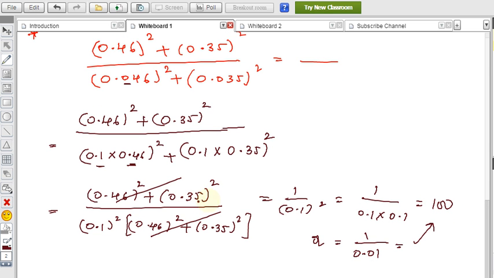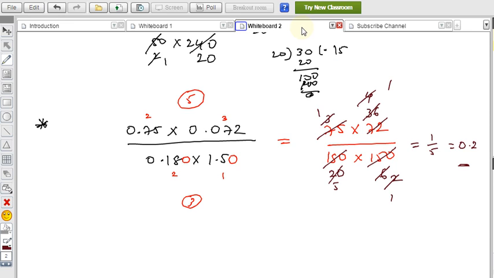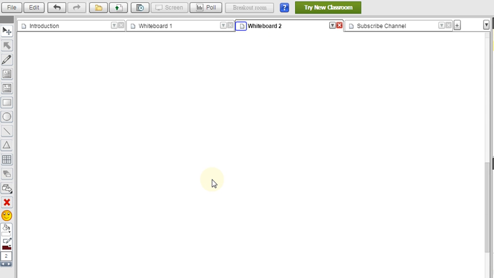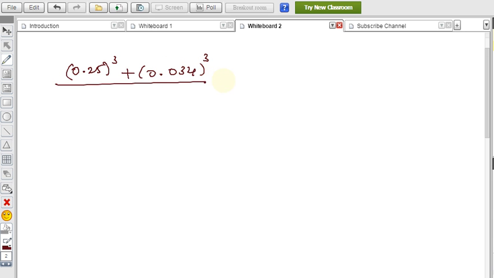For such types of questions, we can directly take the extra digits, and apply that much. I'll show you one more similar question. Same as the previous, let me write here: 0.25 whole cube plus 0.034 whole cube, by 0.025 whole cube plus 0.0034 whole cube.